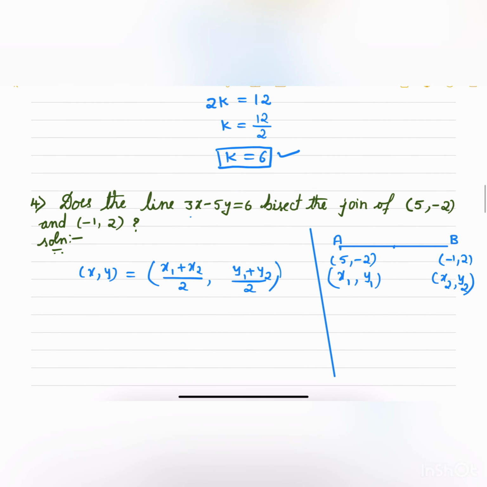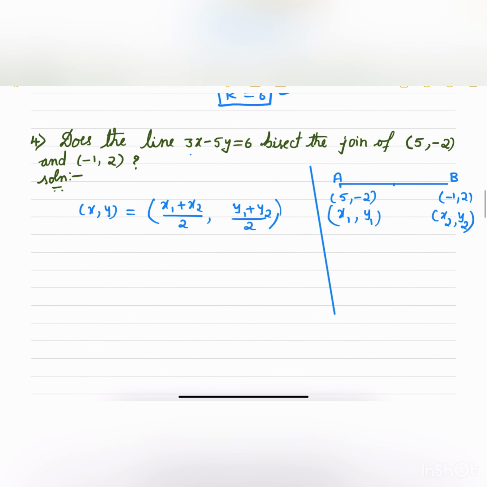Let us go for the fourth one. Does the line 3x - 5y = 6 bisect the join of (5, -2) and (-1, 2)? So I have taken A as (5, -2) and B as (-1, 2), and the first coordinate we can take as x1, y1 and the second one B as x2, y2.